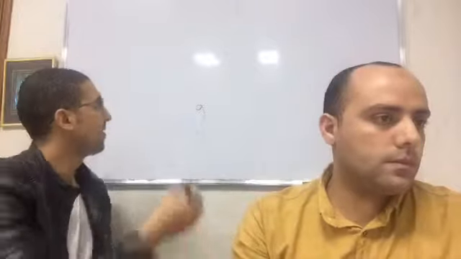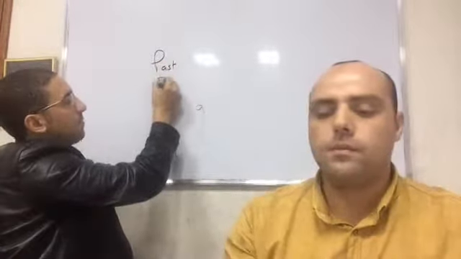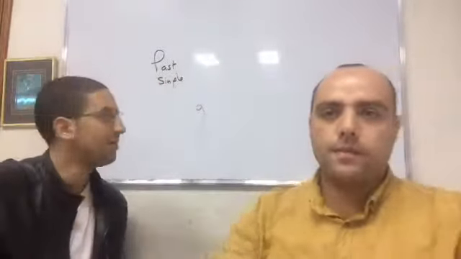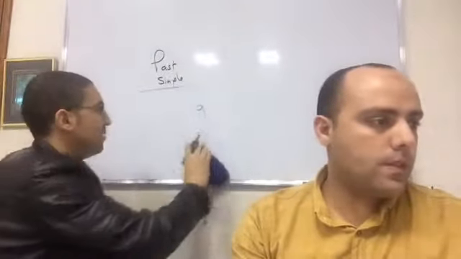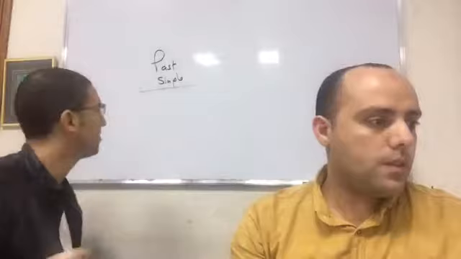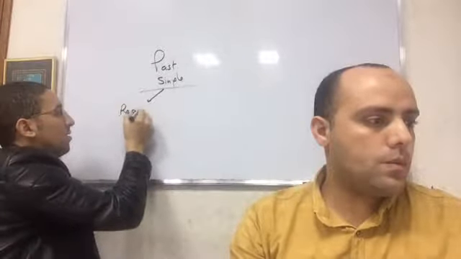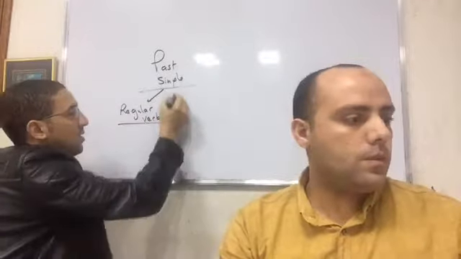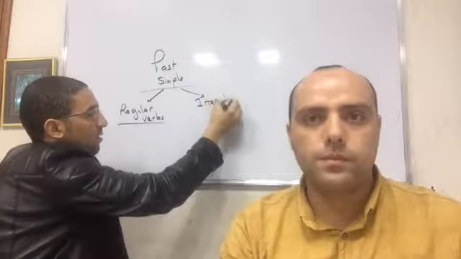When we talk about the past simple, we have two kinds of verbs. You just keep this in mind: we have regular verbs and irregular verbs.